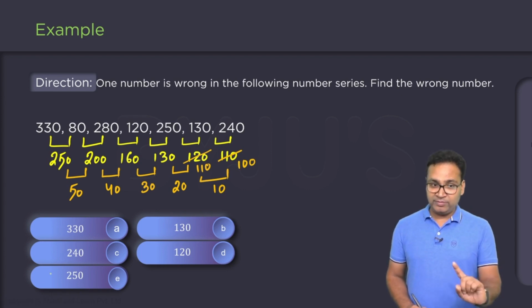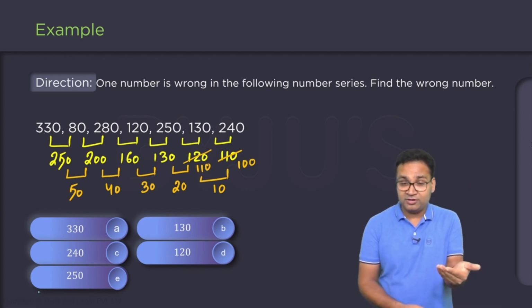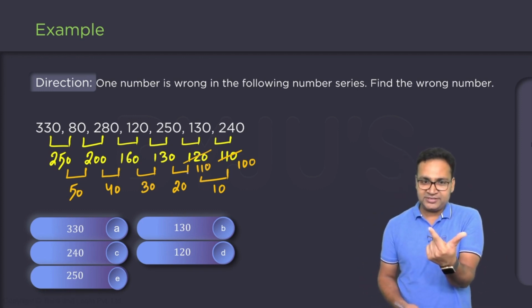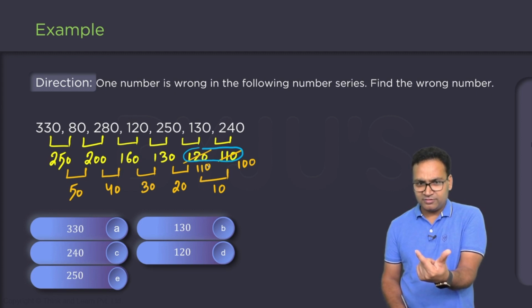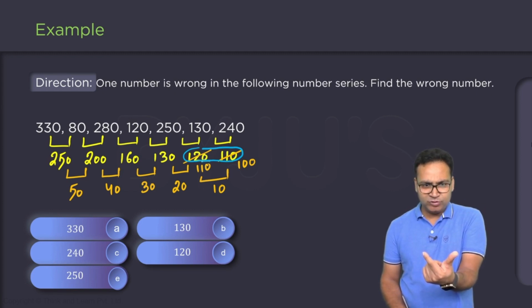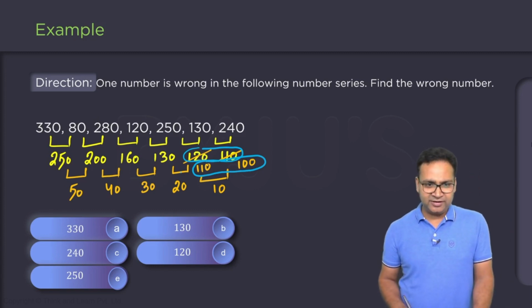Clear? Now you remember I have told you one thing. Whenever the middle number is wrong, you will get two wrong differences. Let's see that summation. What is the summation? Previous summation 330. Clear? What is the new summation? 210. Let's see what exactly is there.